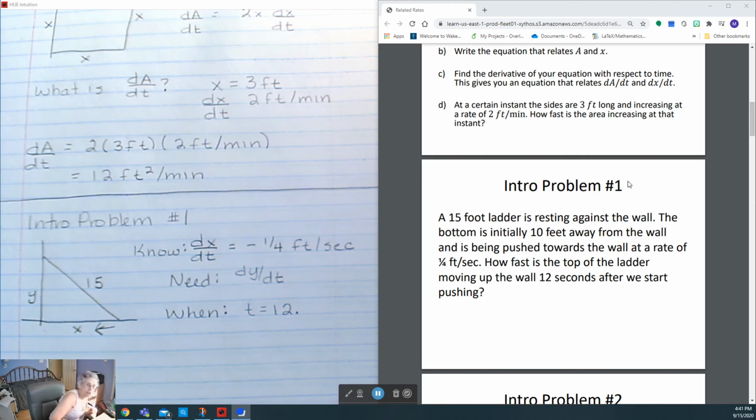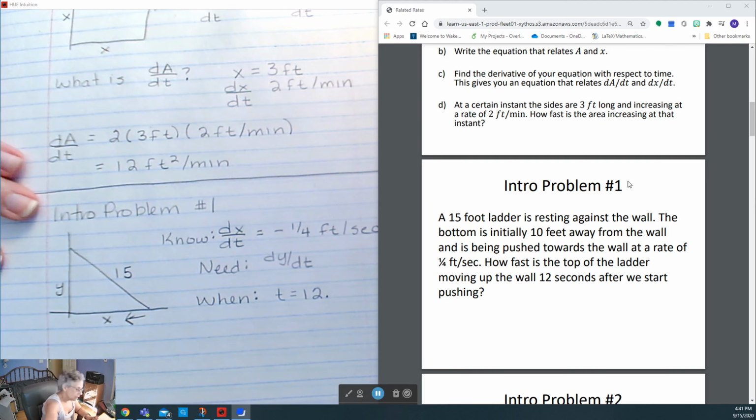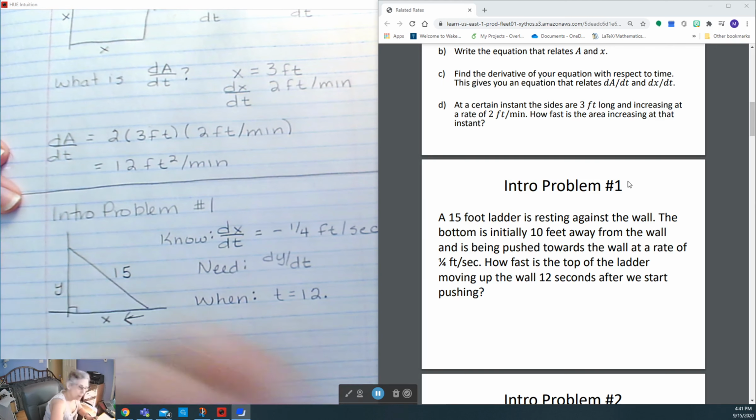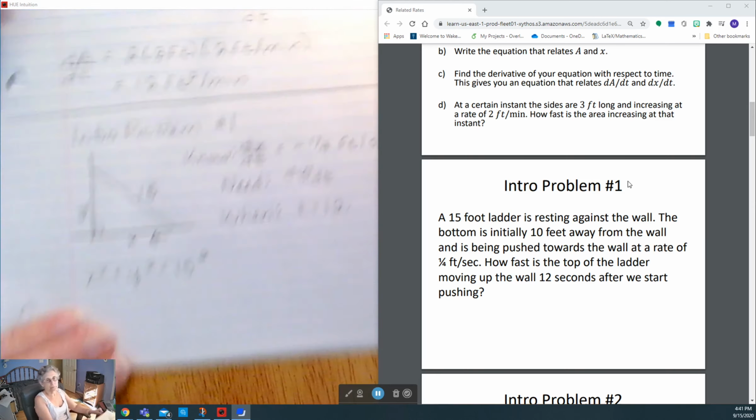So I need a relationship between x, y, and 15, and that's thanks to my old pal Pythagoras, because he tells me that x squared plus y squared is equal to 15 squared.